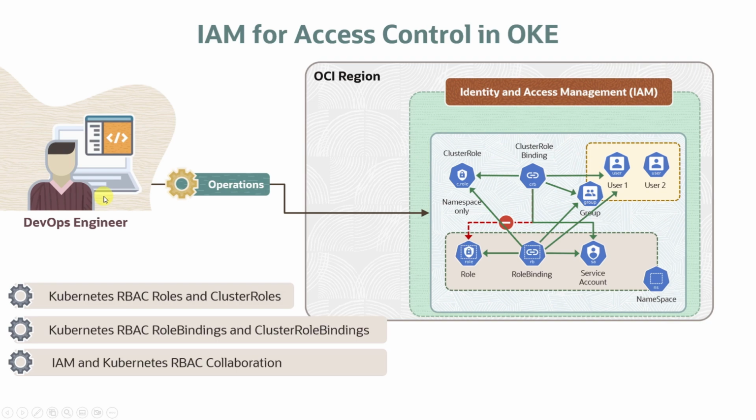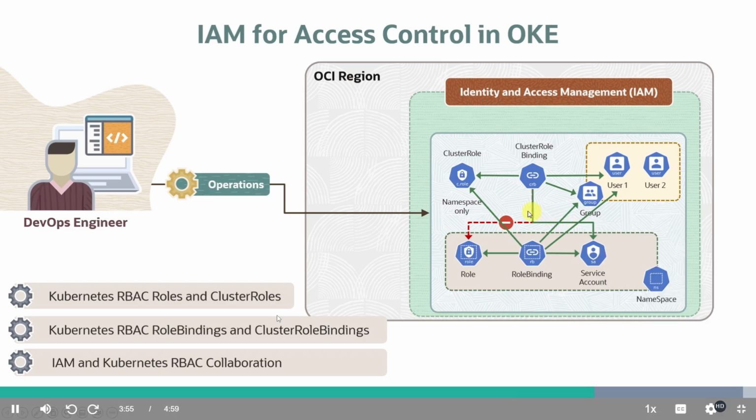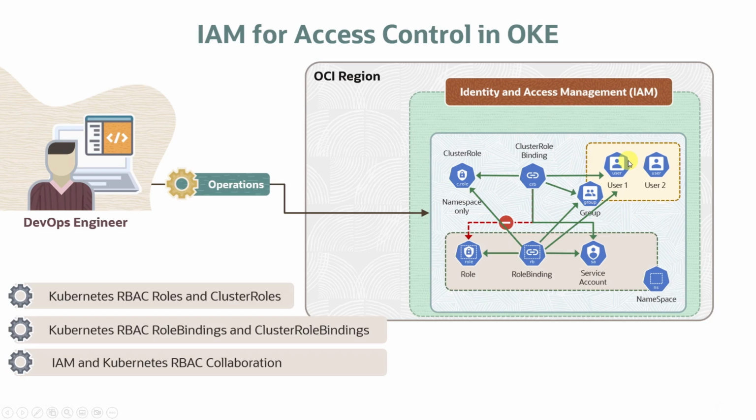If the attempted operation also requires additional permissions granted via a Kubernetes RBAC role or cluster role, the Kubernetes RBAC authorizer then determines whether the user or group has been granted the appropriate Kubernetes role or cluster roles.